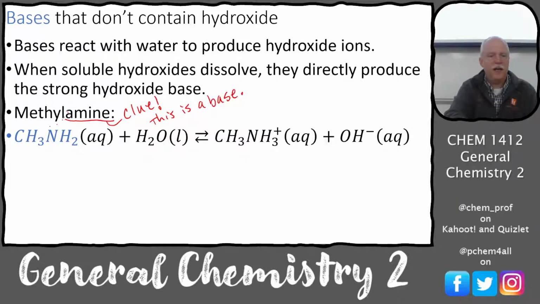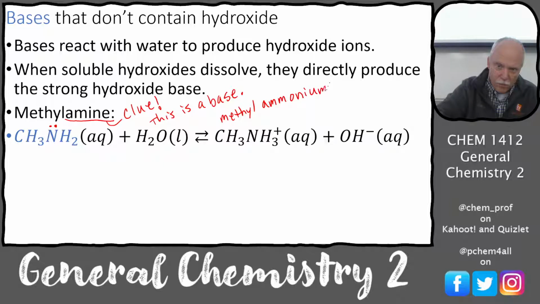When we put that into water, there's this lone pair of electrons on that nitrogen, and it will steal a proton away from water. And so it makes this group, methyl ammonium, we'll write that out. Notice how the amine, this piece, became ammonium.